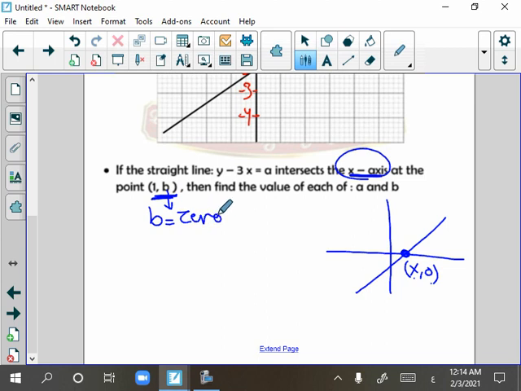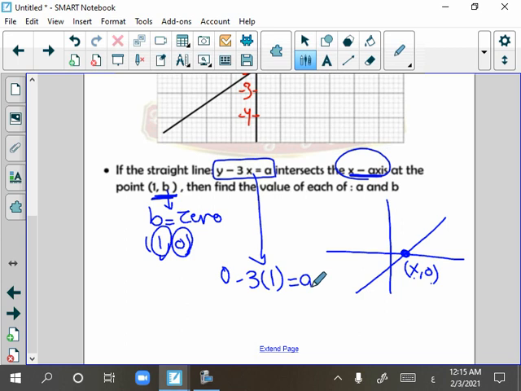Then our point will be 1 and 0, which satisfies the relation y minus 3x equals a. By substituting y with 0 and x with 1, the relation will be 0 minus 3 times 1 equals a, then negative 3 equals a. Then b equals 0 and a equals negative 3.